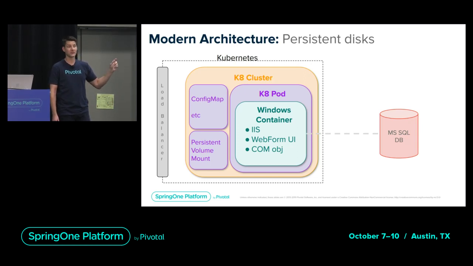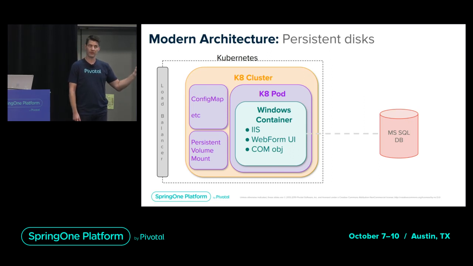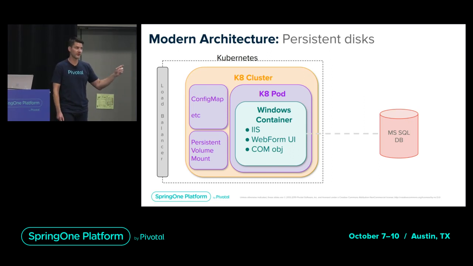So now that's managed by vSphere. vSphere can do some really awesome things to make sure that disk is always available and always up. And then we can take that and mount it to the container. The container sees it as a directory, c:/mymount, something like that. And so the application itself really doesn't know a lot of difference there between whether it was on traditional architecture and some dedicated file store.